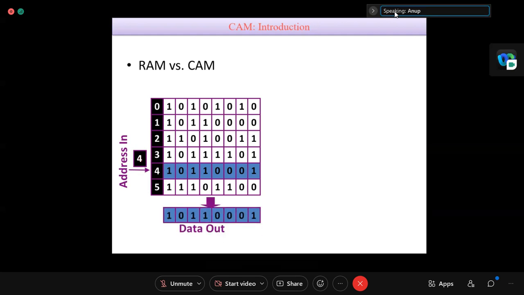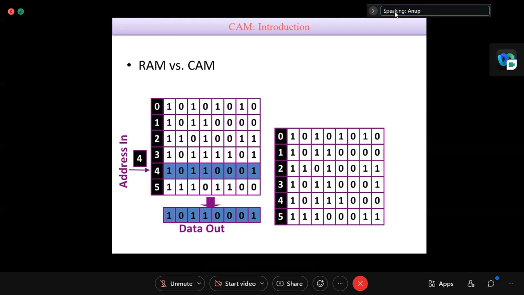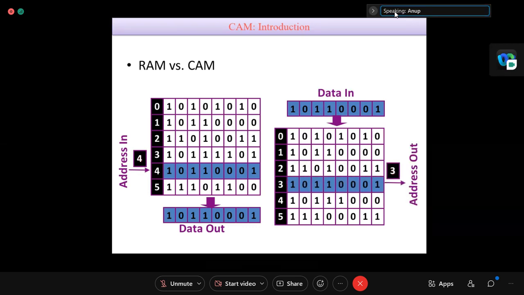In the case of CAM, we provide data as input, it matches with the stored data, and as per the matching it generates an address output. Now imagine the right side figure brought to the left side, and the left side figure brought to the right side. Then it will complete your memory structure.